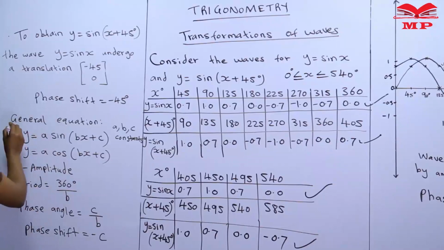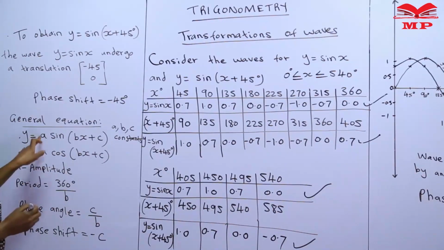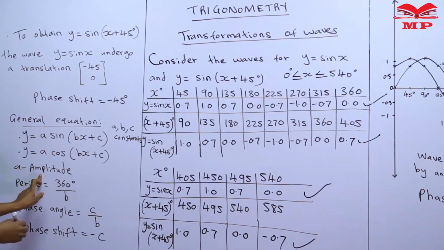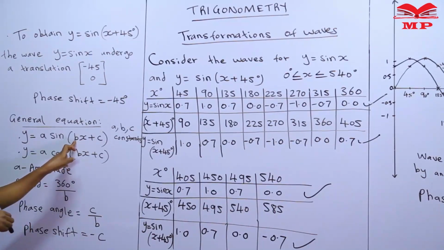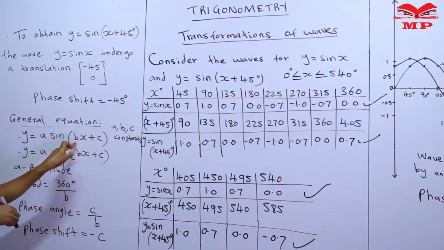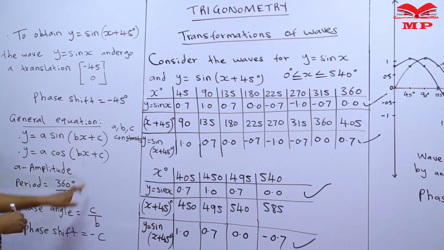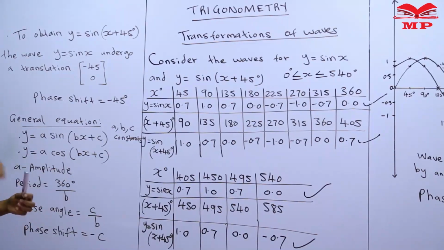Then I've said this is our general equation. When we have such, where a, b, and c are constants, our a is the amplitude, the period is 360 divided by b, our phase angle is c over b, and our phase shift is negative c, depending on the equation.